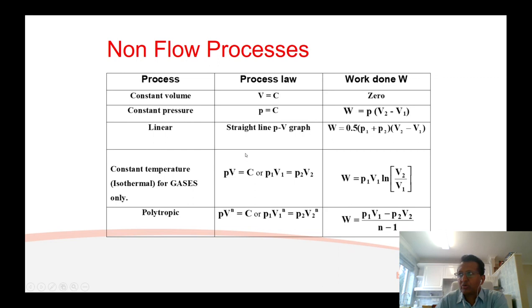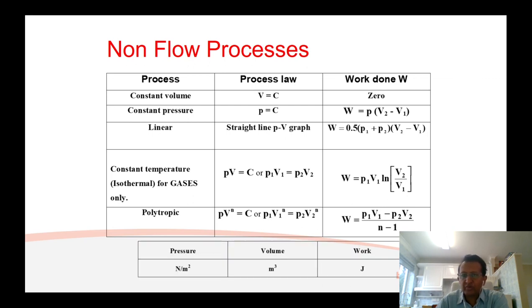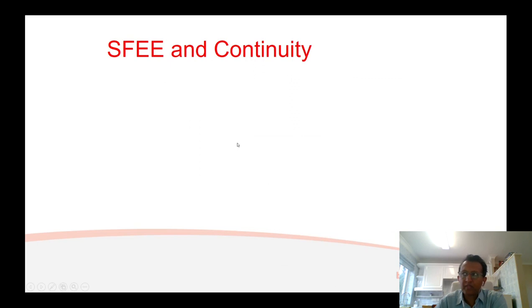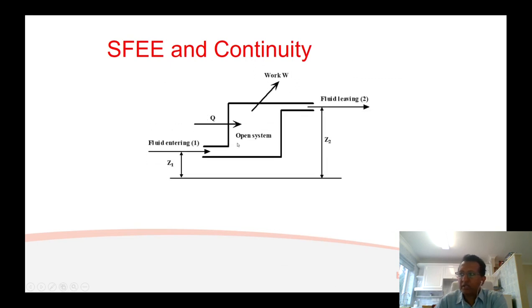You were talking about non-flow processes. These are notes from the first year that you need to know. They give you the fundamentals of processes, process laws, work done, work added, etc. Then you talked about the steady flow energy equation for an open system.